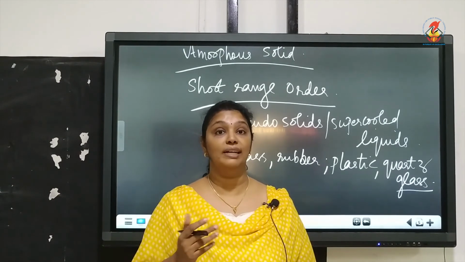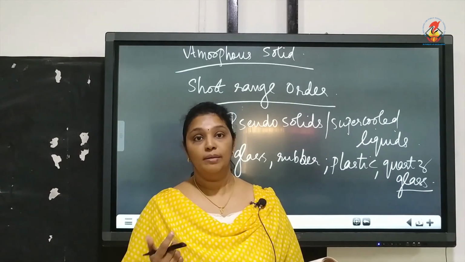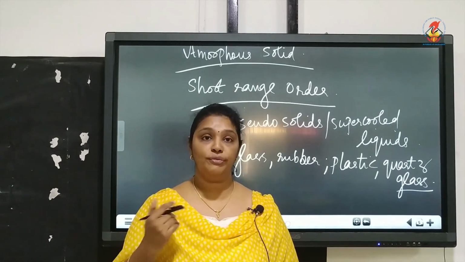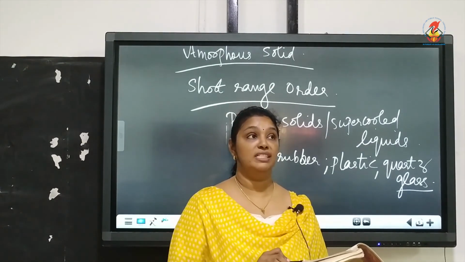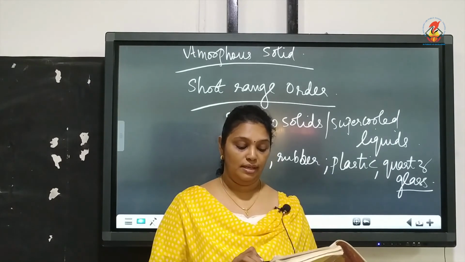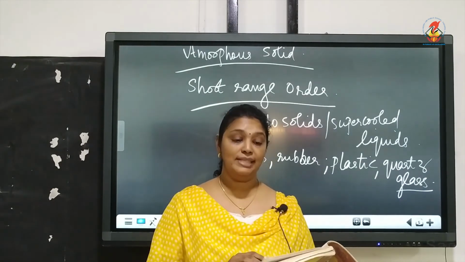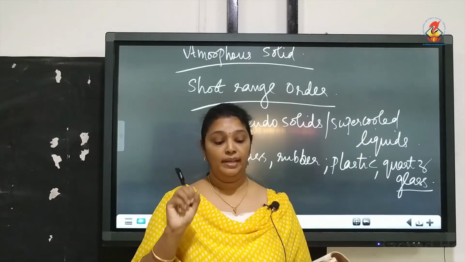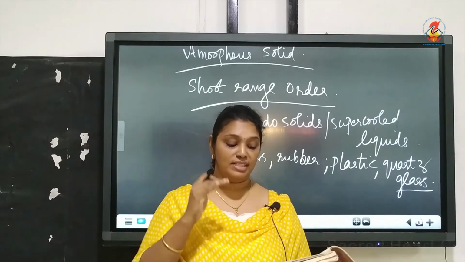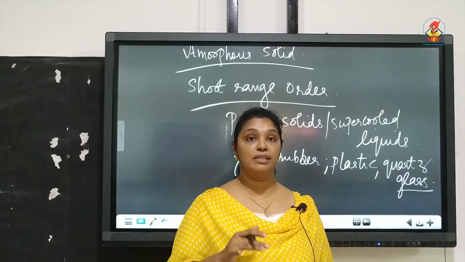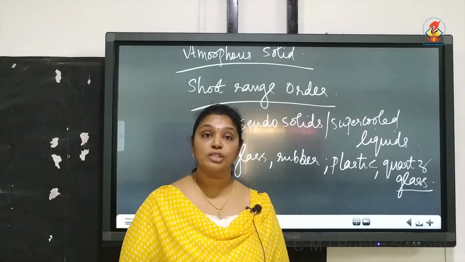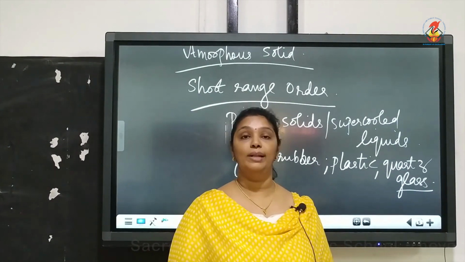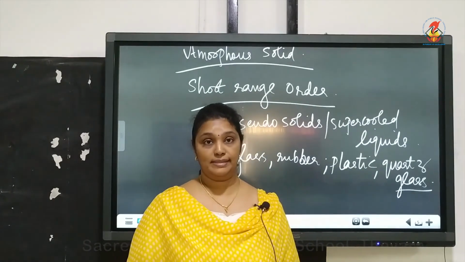So, we can call glass a supercooled liquid because it has a tendency to flow. And you can see glass panes fixed to windows or doors of old buildings are slightly thicker at the bottom. That's because the glass flows down very slowly and makes the bottom portion slightly thicker. So, amorphous solids are called supercooled liquids or pseudo-solids.